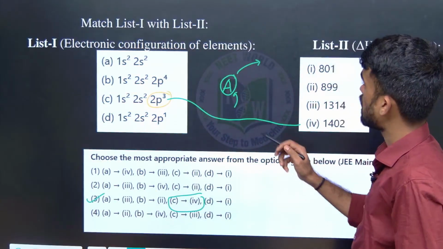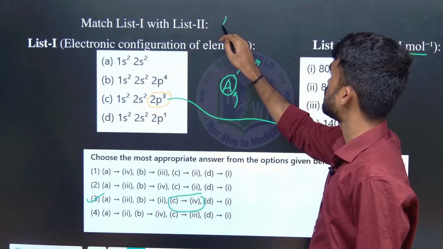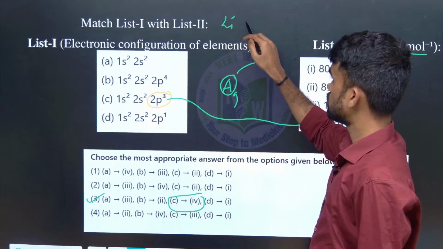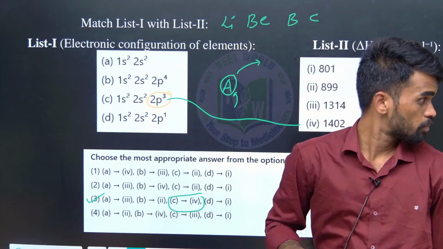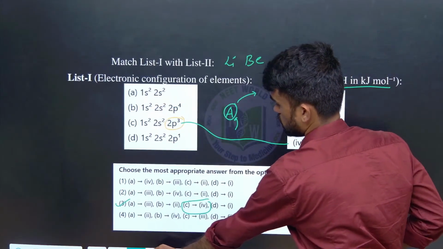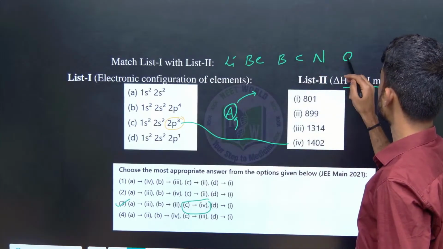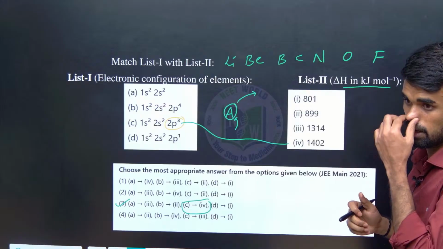Now just follow, I will be giving you first group second period elements. What are the second period elements? Beryllium, carbon, nitrogen, oxygen. Yes, tell me, which is more electronegative here? Fluorine.